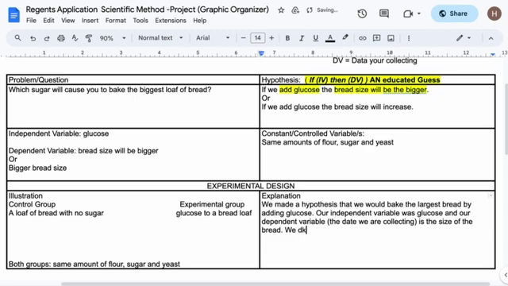We kept the amount of flour, sugar, and yeast the same in both loaves.